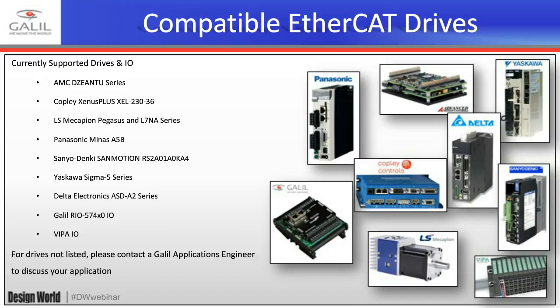If you're considering using a Galil DMC 50,000 or a RIO 50,000, and you don't see a drive that meets your requirements, please contact us here in the Application Engineering Department, and we can work with you to discuss adding support for a drive.